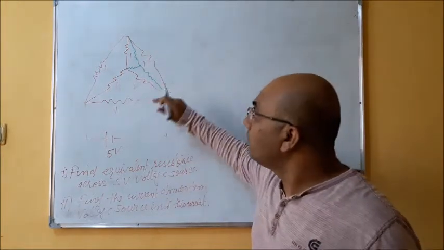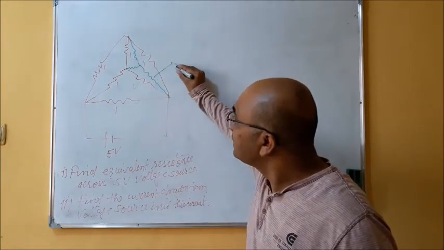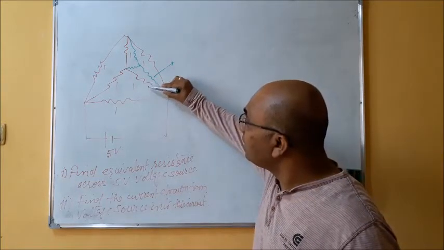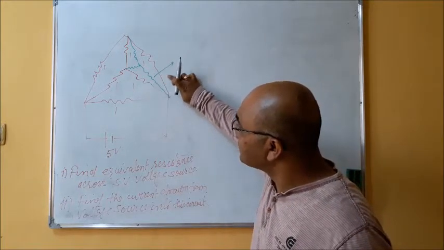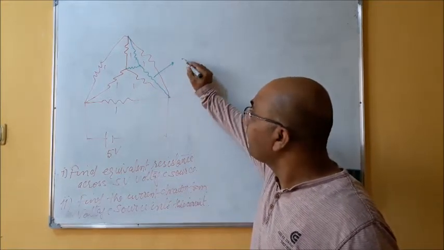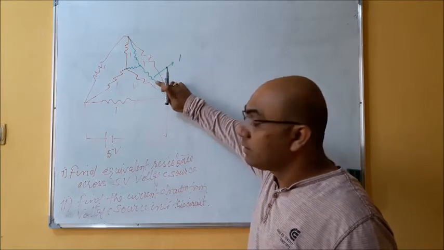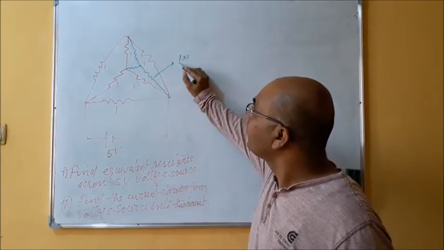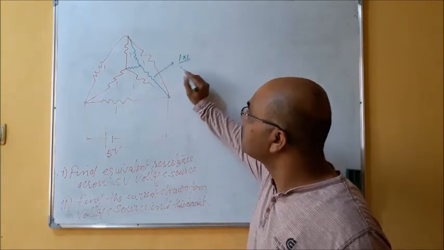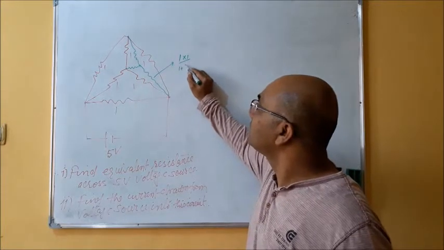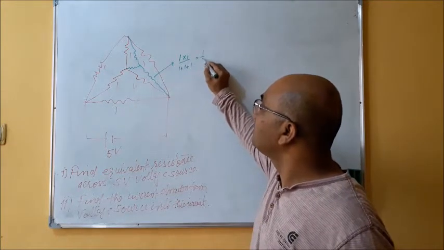So what is the value of this resistance? This is in star, between this and this. From delta to star: 1 into 1, means this resistance into this resistance, upon all these three resistances, 1 plus 1 plus 1. So what comes? 1 by 3.